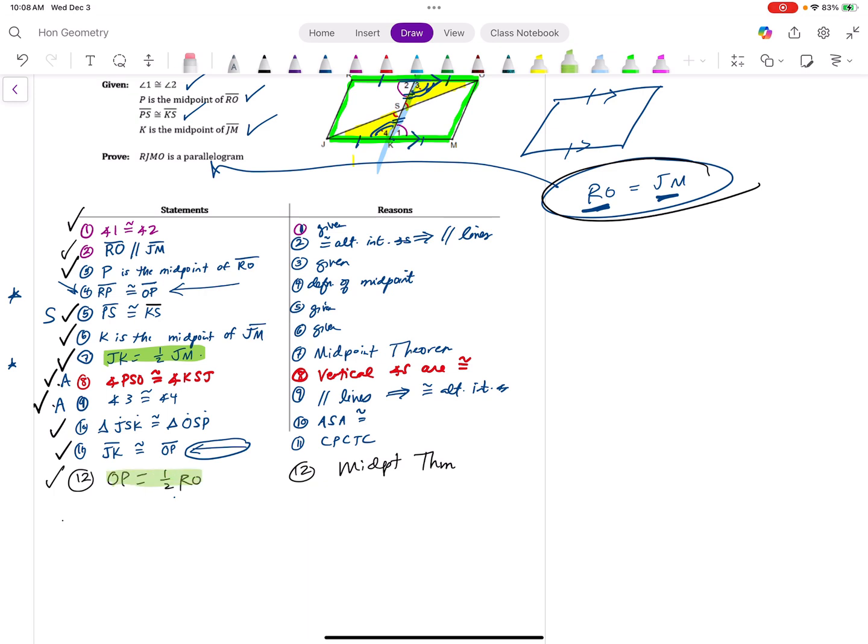I like the highlighter part there because it's got the JM and the RO in it. So what if, which I guess didn't need to erase this, what if I call this the next step? I think that's one of the ones I just erased, so I could have left it.